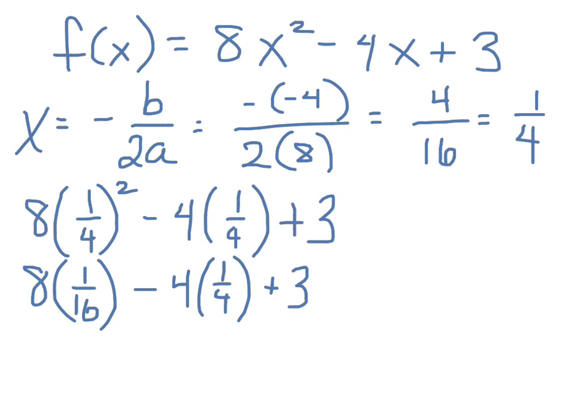How about this? What's 8 over 16 reduced to? 1/2. What's negative 4 times a 4th? When you multiply reciprocals together like that, you should get 1. What's 1/2 minus 1 plus 3?